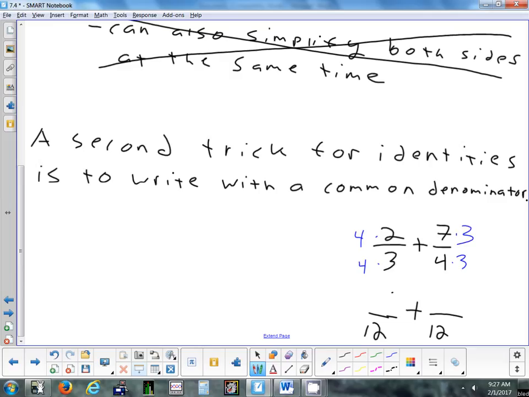And now I could do this problem and find the answer. Well, we're going to do the same thing with trig, except you're not going to have numbers you can simplify. You're just going to take each denominator and multiply it by the other one. That's how you find the common denominator. Okay, but it's going to be with a word, not a number, but exactly the same idea.